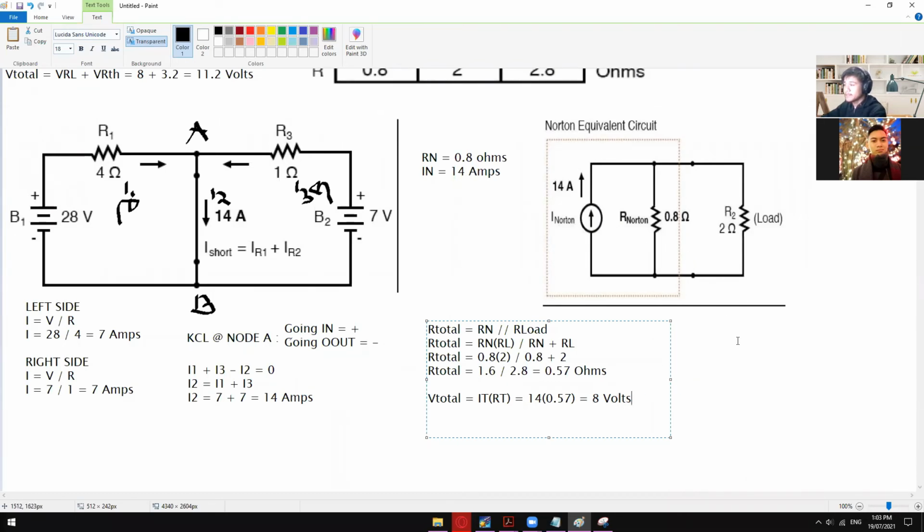Then since they are in parallel, the voltage across R Norton is of course 8 volts also. I will put it here to make it easier to read. And the same, our voltage across RL is also 8 volts.